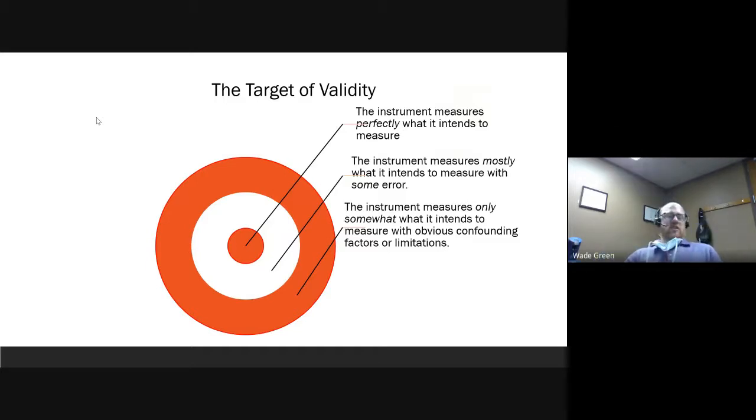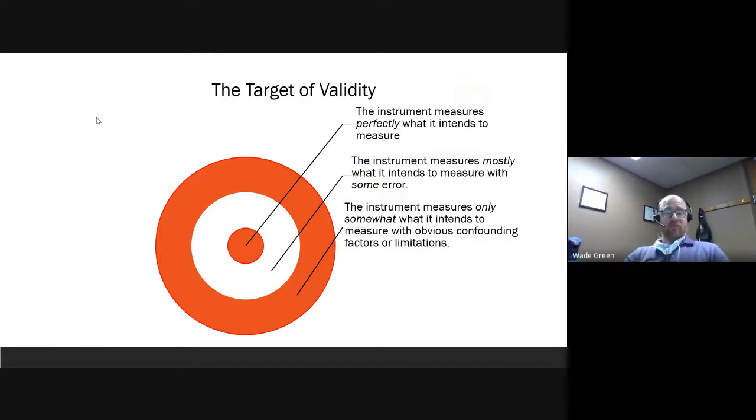So if we have this illustration of a target here on the screen, you can see that in a perfect world, our instrument would be able to essentially hit the bullseye every time. We would throw a dart or an arrow perhaps or a lawn dart and be able to hit the bullseye, right? That is called being perfectly valid.